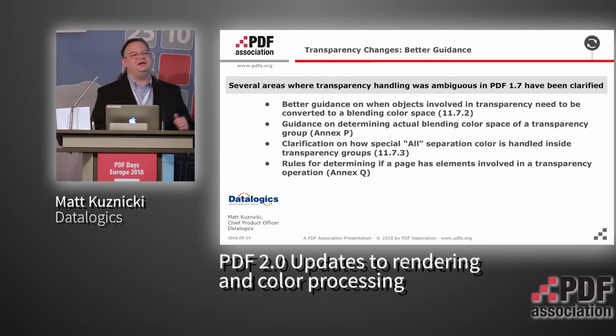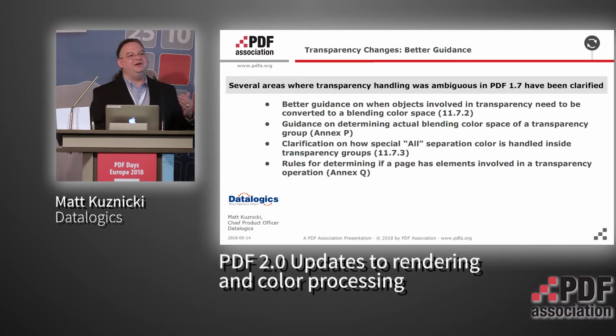The All separation color being a way of saying that a device shall use every colorant that it has available to it. So in a CMYK alternate, for example, it'll put down color in the CMYK channels. For presses that have spot colors, it is to put down each and every individual ink all at once.